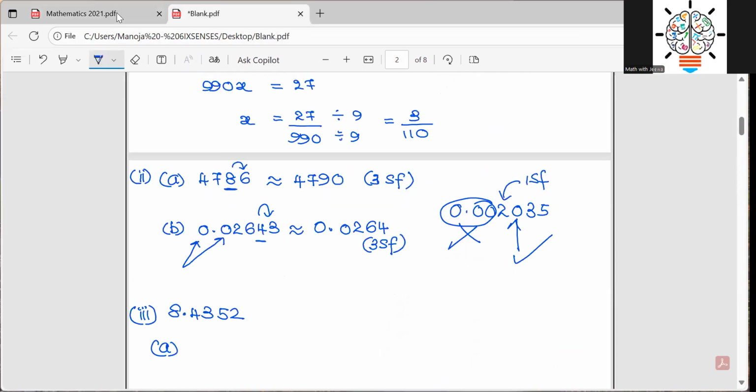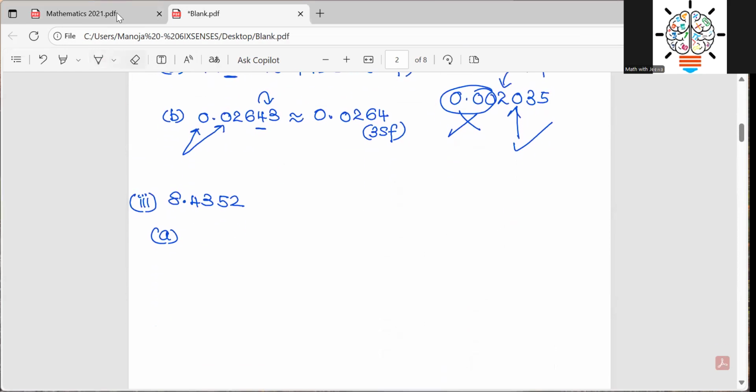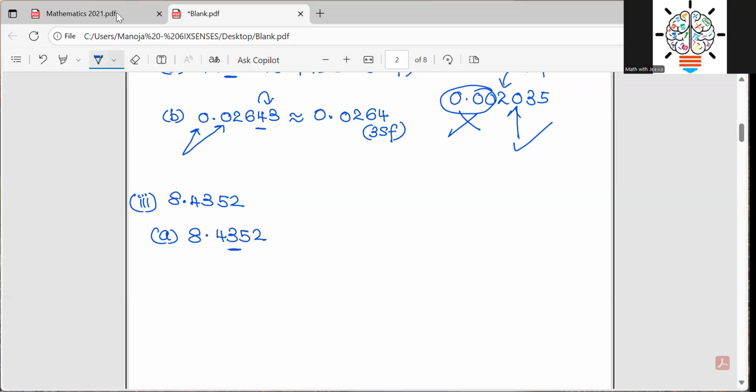So this to the second decimal place. How can we do that? First of all, I write 4352 and I underline the second decimal place. After underlining the second decimal place, you look at the next number. If the next number is 5 or more than 5, we need to add 1. To where we need to add 1? To the underlined number.